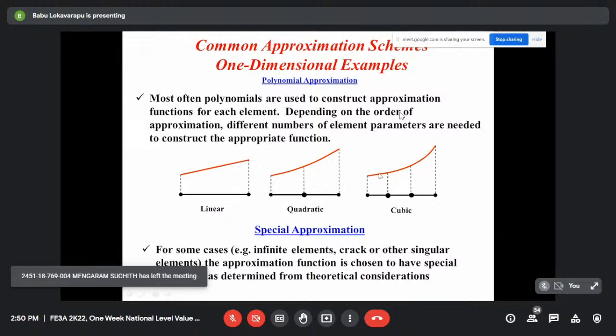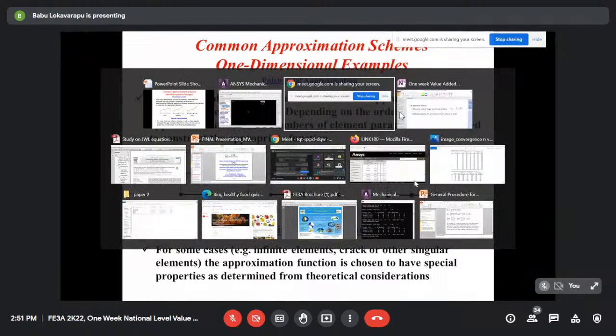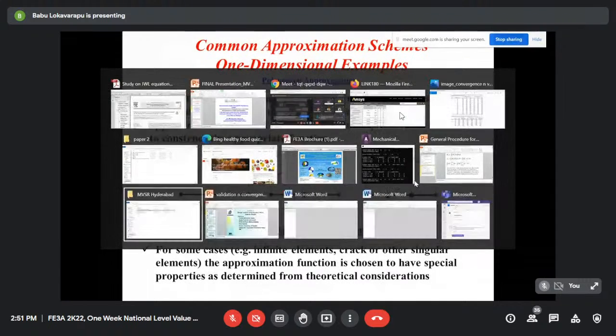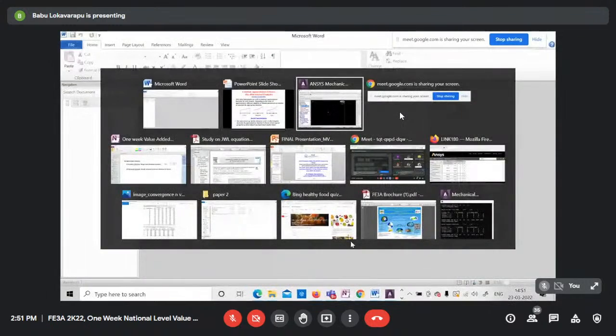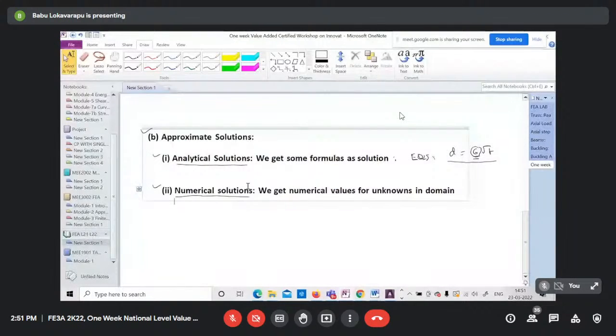Here two more points in the middle. So this curve is going very close to this. Similar kind of things, I can show you how the results are varying with respect to the shape functions.